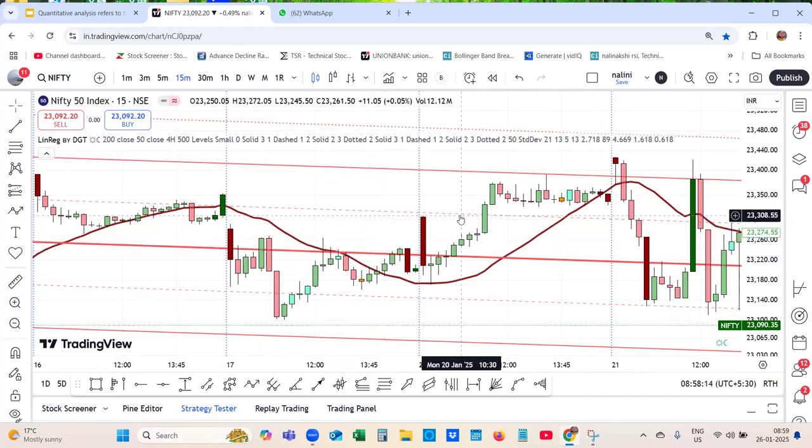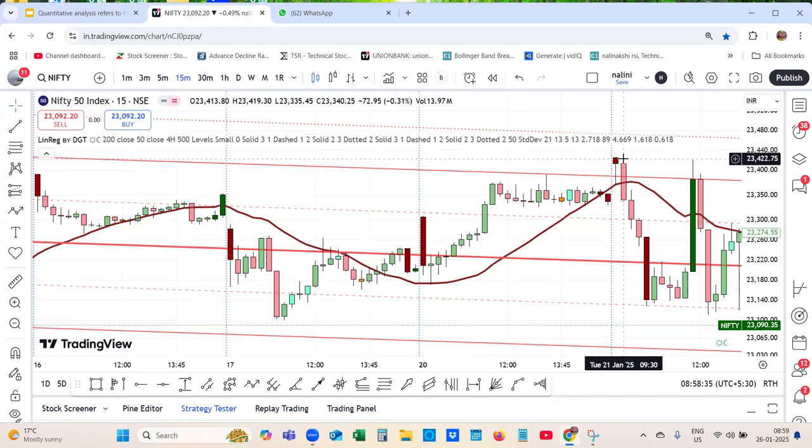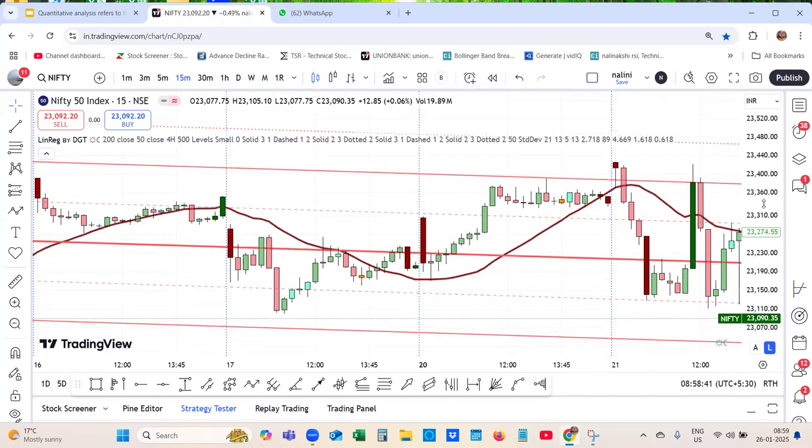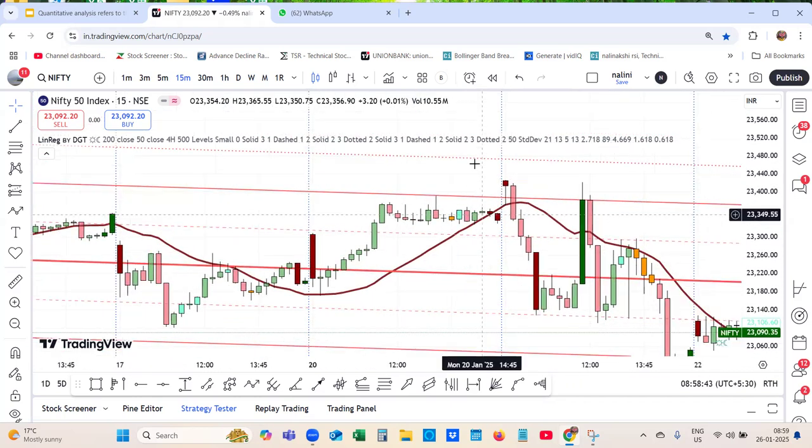And it utilizes standard deviation. This is the upper boundary, and these dark red lines are the channel for this regression line. When price moves away above the linear regression line, it tends to become overbought.